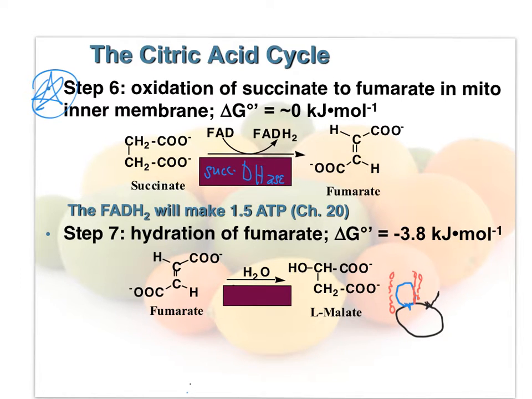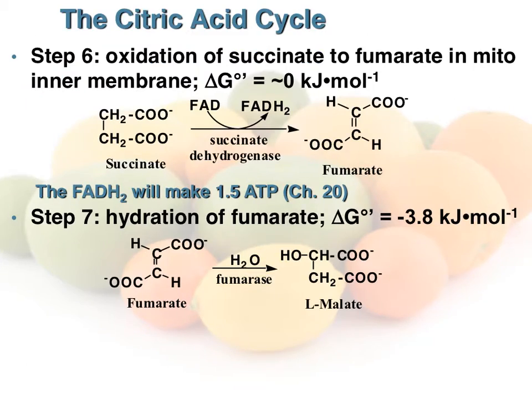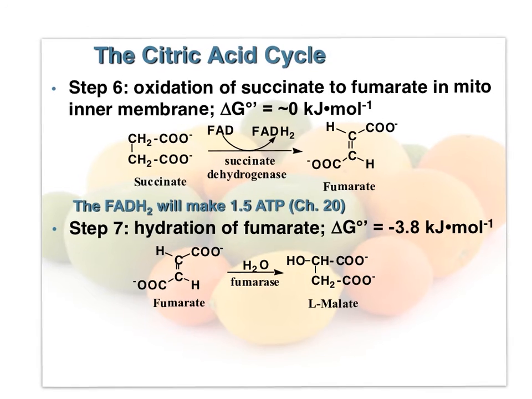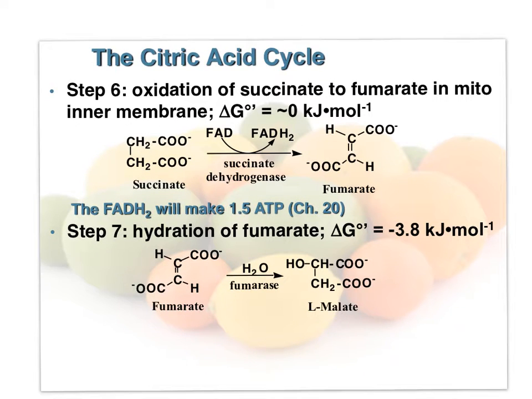And I'm just going to click on the next one so that you can see how it's spelled, and it looks prettier than my handwriting. This is fumarase. We're almost back full circle.